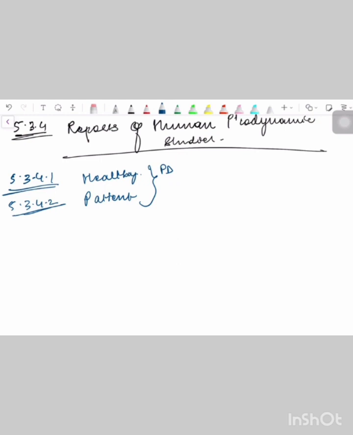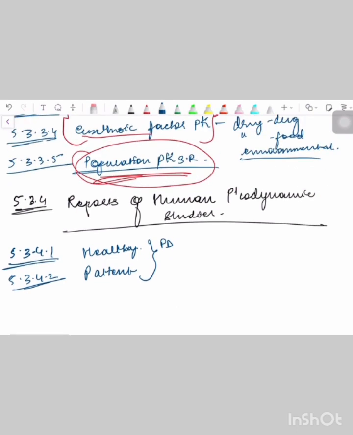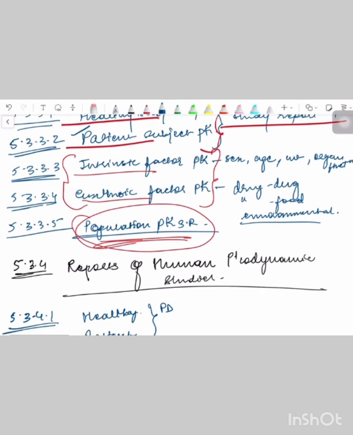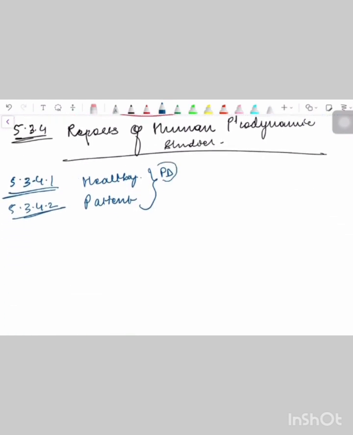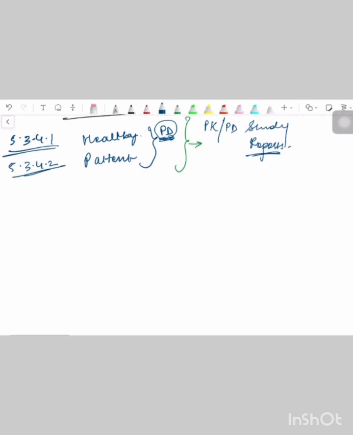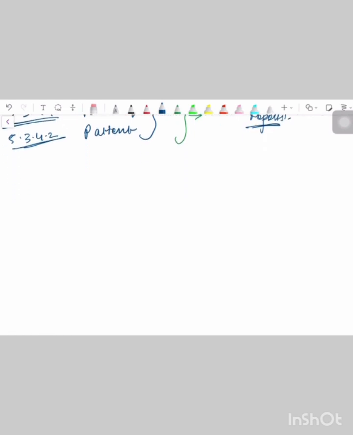So we will learn it as previously stated in pharmacokinetics, they look for the pharmacokinetics of both healthy subject and patient subject. Here also in pharmacodynamics, the pharmacodynamic study reports are looked for in healthy subject and patient subject. With that, they also look for PK/PD study reports for both healthy subjects and patient subjects. See, it is made a little bit easier.